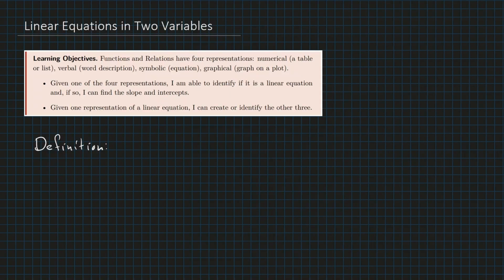In this video, we will be discussing linear equations in two variables.